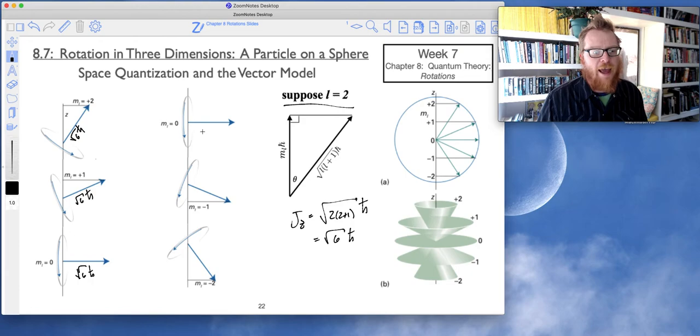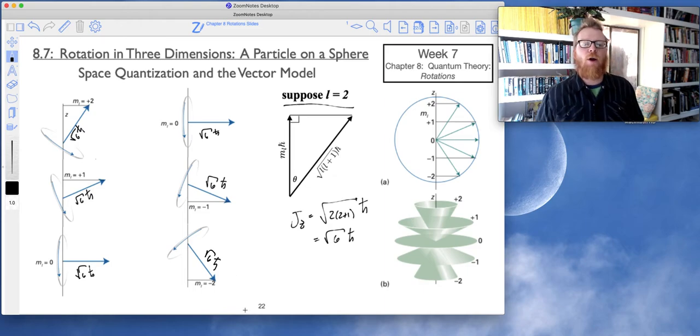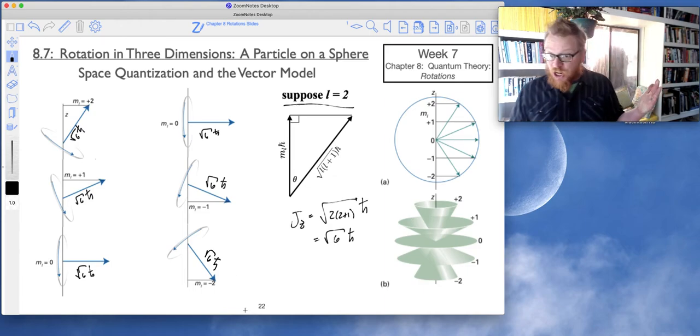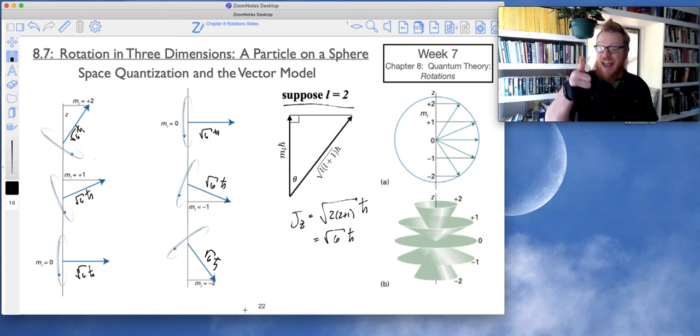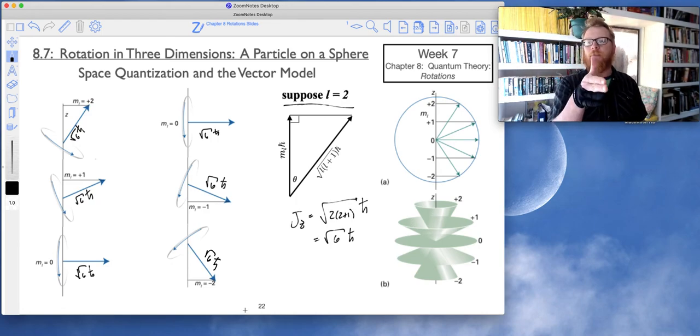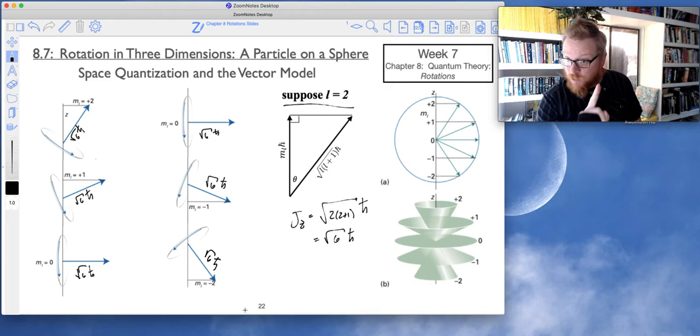They're all length root 6 h bar. Okay, so that makes them all degenerate because they all have the same angular momentum. So in other words, because they all have the same angular momentum, that means they have the same frequency of rotation, right? They're all rotating the same.